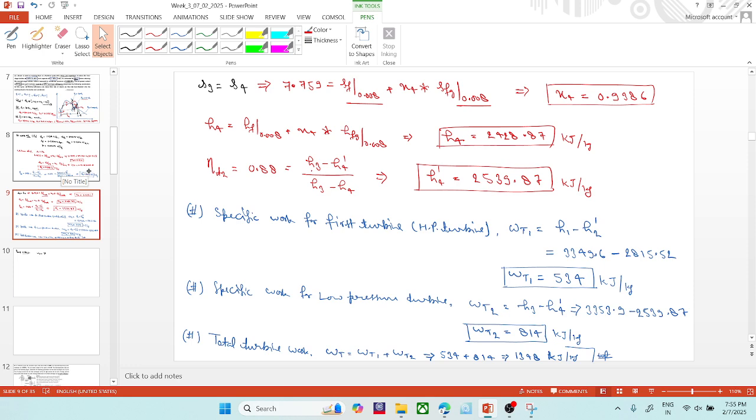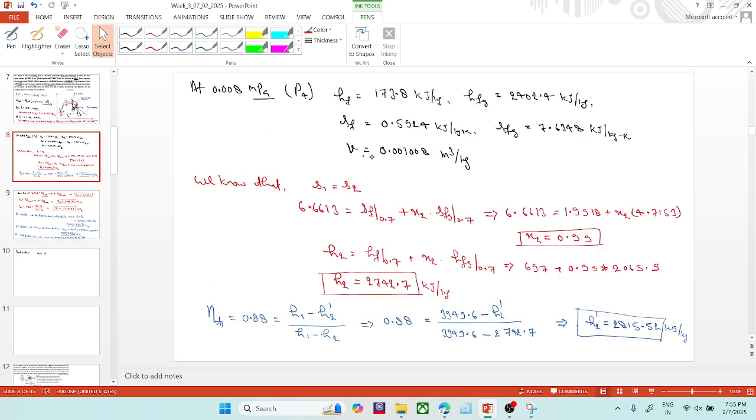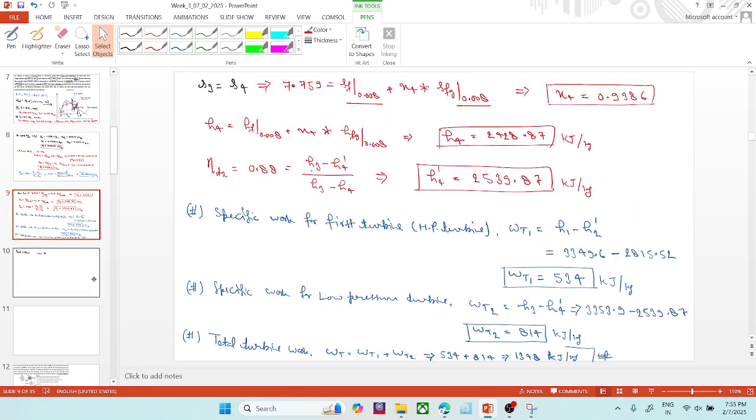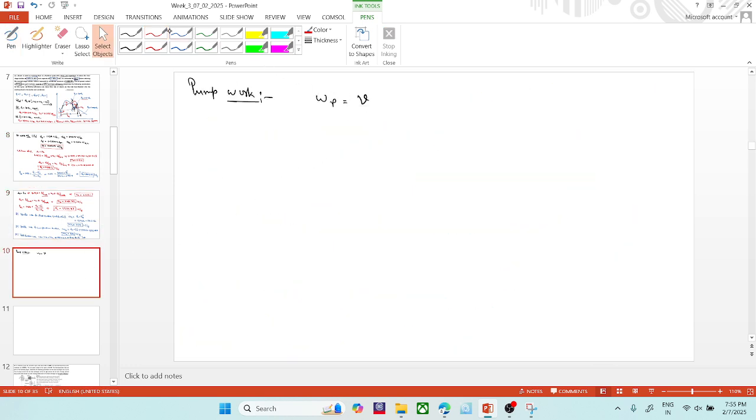Yeah, here. So this is the specific volume of fluid at point 5, V5, into P1 minus P4.